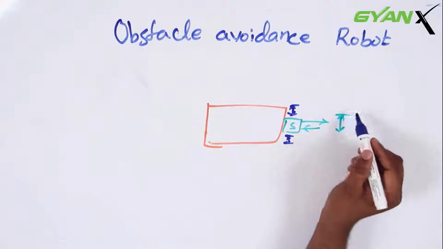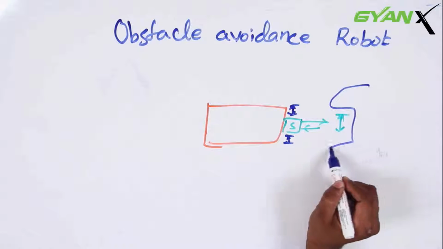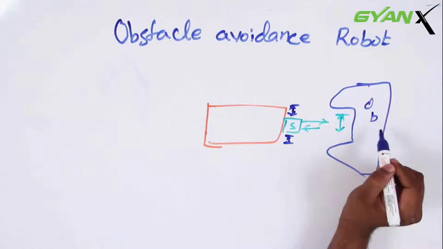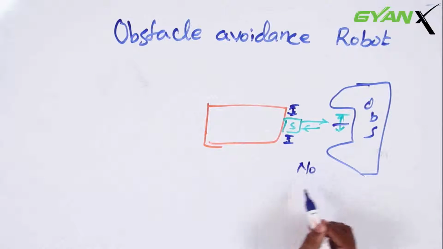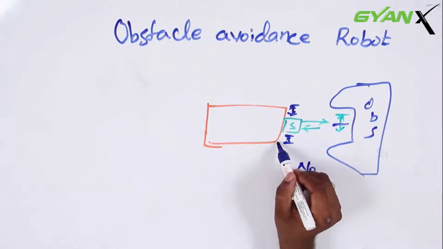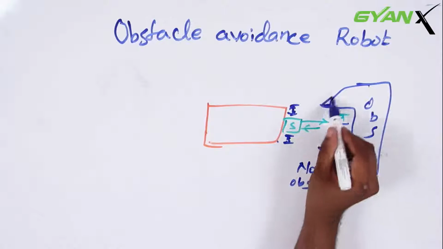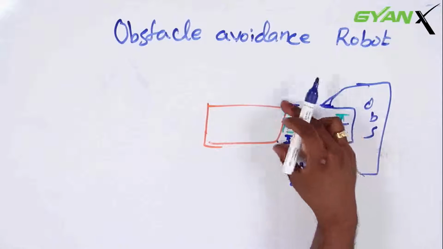So once there is an obstacle like this, your sensor will detect no obstacle. However, the body can meet with an accident and there is a collision, because the size of the body is more than the size of your sensor.